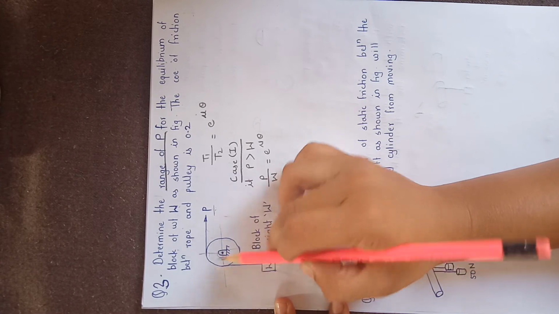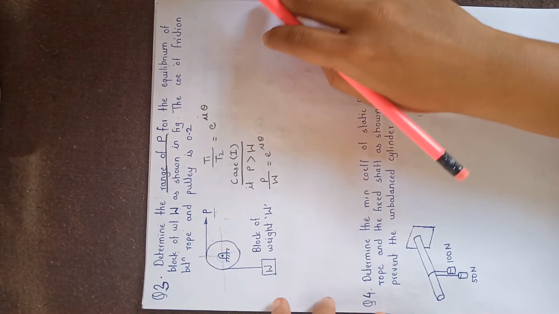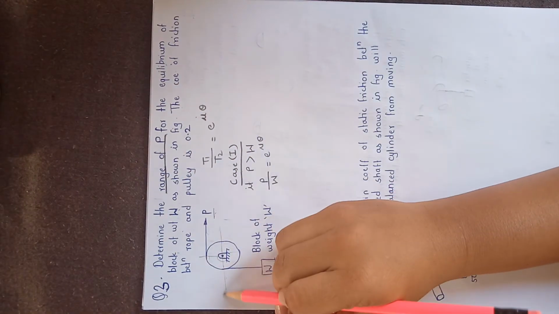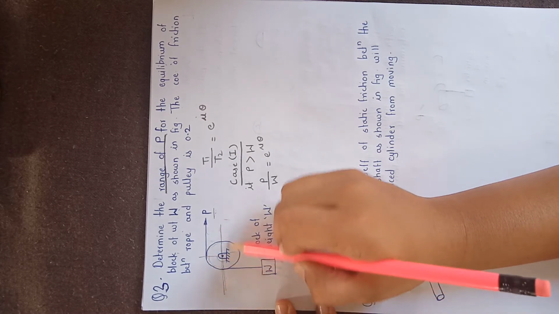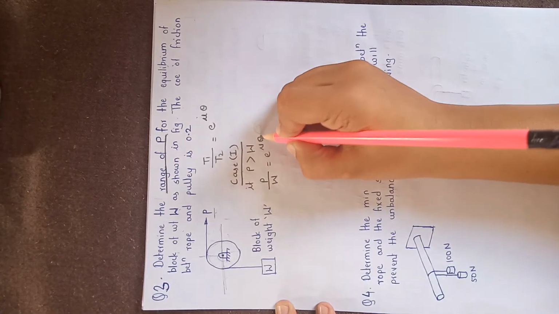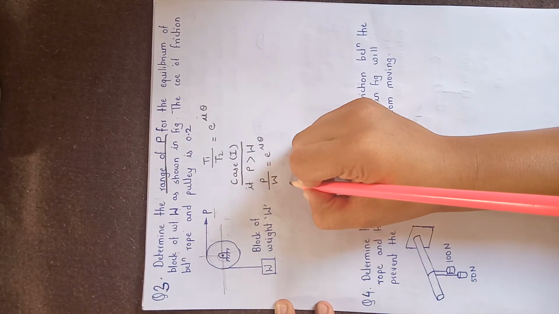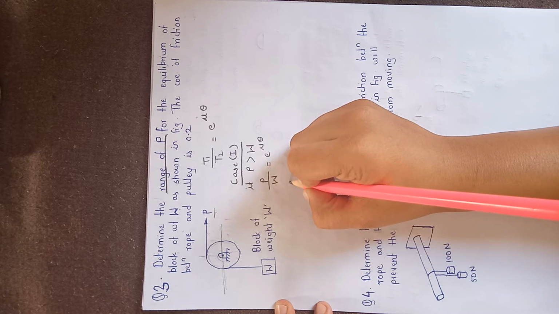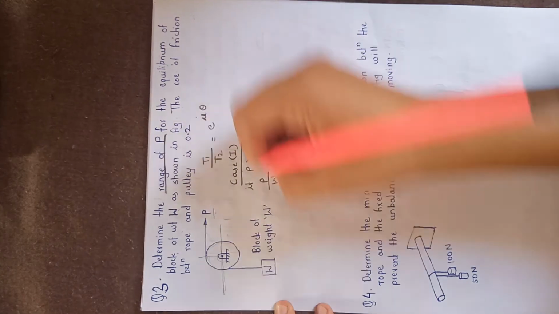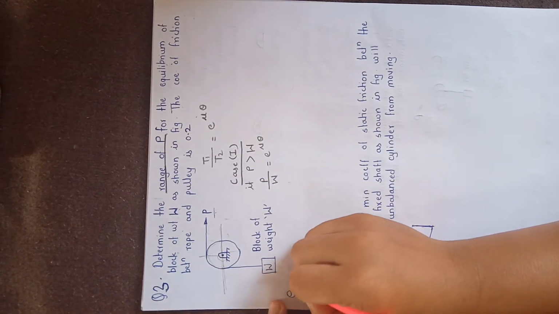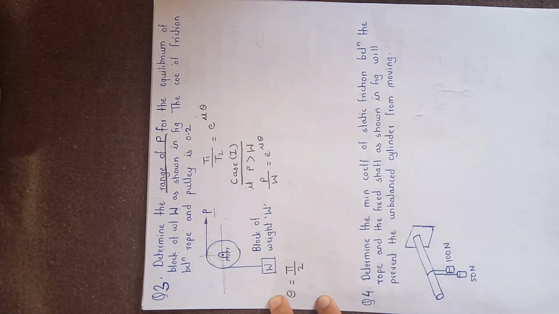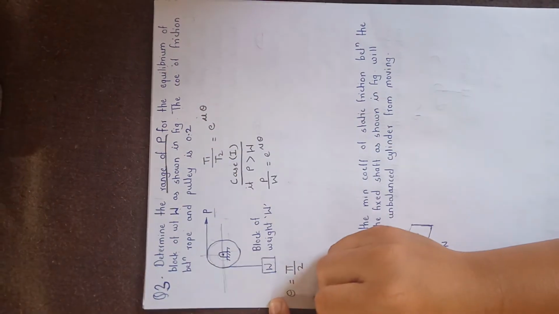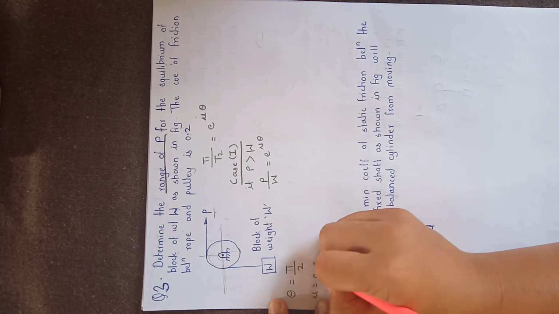By observation you can say that if this is pi, this entire 180 means pi, and 90 means pi by 2, so theta is pi by 2. Mu we know is 0.2.